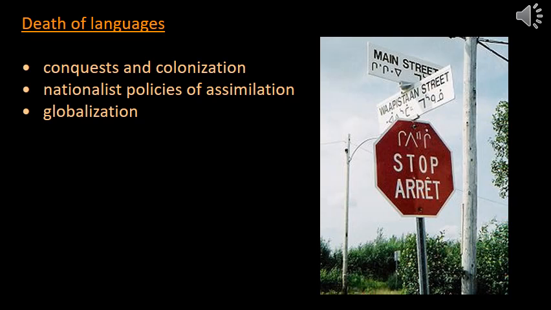They're Ojibwe, Cree, and Inuktitut. So these 3 languages will survive because they are spoken by more than 10,000 people. When a language is spoken by less than 10,000 speakers, we consider this language to be in danger.